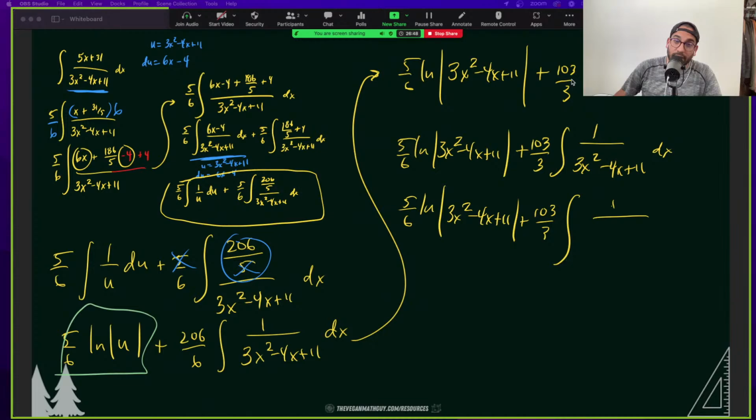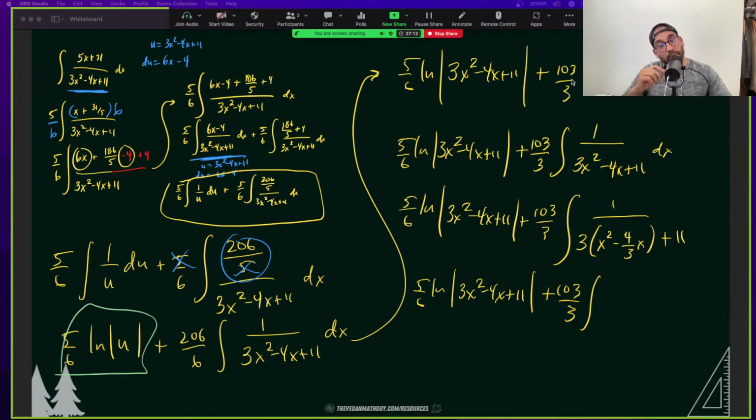So the first thing that I'm going to do is factor out the 3 from the 2 terms. So we have an x squared minus 4/3 x inside that parentheses. And let me just rewrite all the work that we needed to do. Plus 11 plus 103 over 3. I was going to bring out the 3, but not yet. Here's what we're going to do.